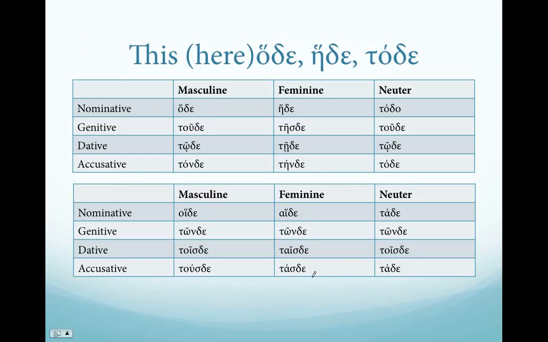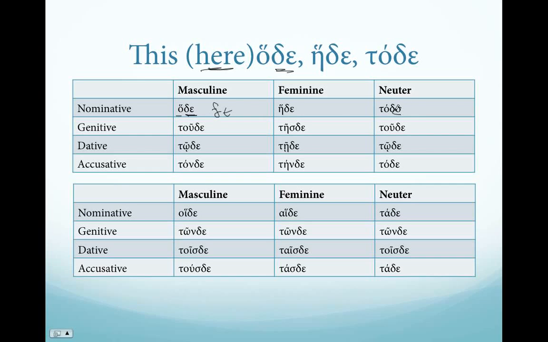Now I said there's one more way to say this, and that's hode, hede, tode. Very nice. If you take a look at these, you have the article, accented of course, the article with a de appended to it. And this is called the deictic. It's a pointing word, right? This here, and that's why I focus on the here, the de is really a pointing word. So this here, hode, hede, tode.